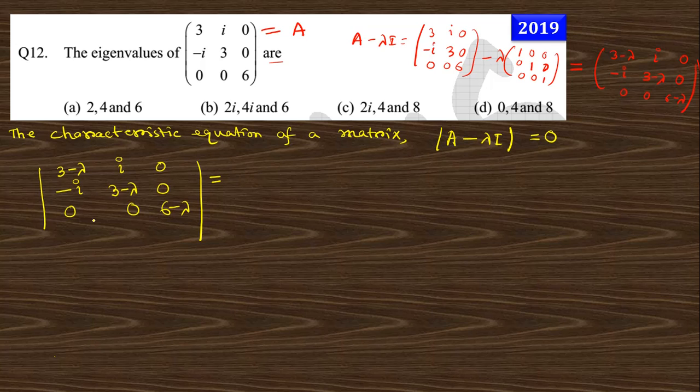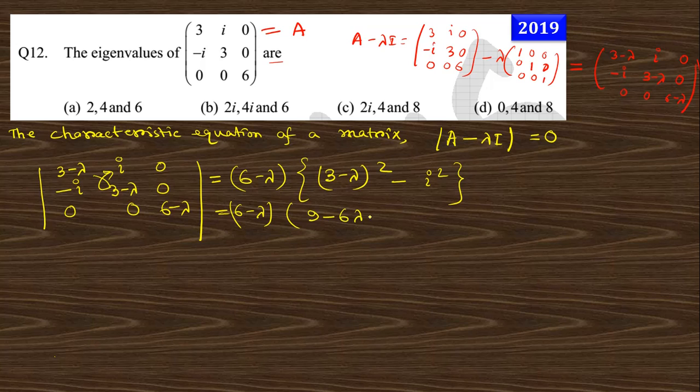If we expand along this row, we get 6 minus lambda into 3 minus lambda whole square, minus minus I square. So this is 6 minus lambda times 9 minus 6 lambda plus lambda square, plus I square, which is minus 1.